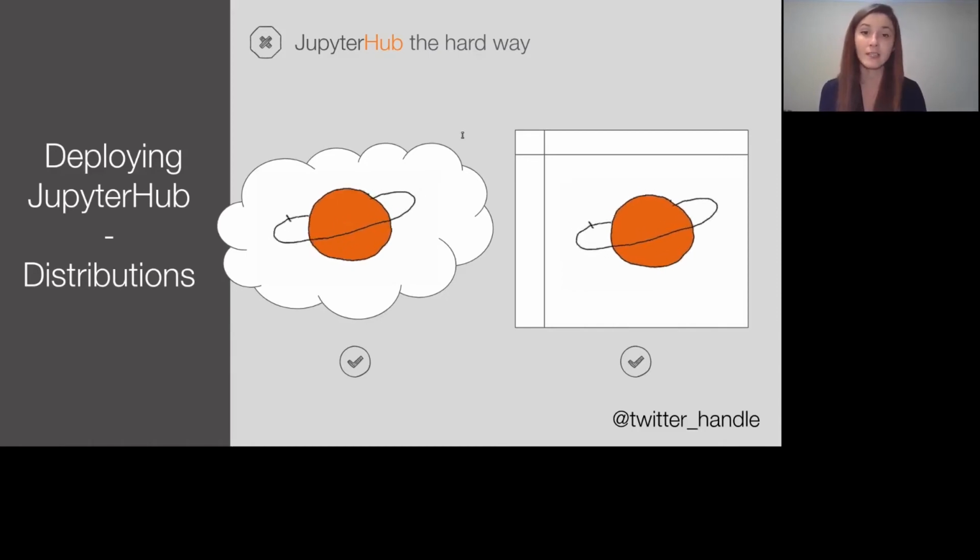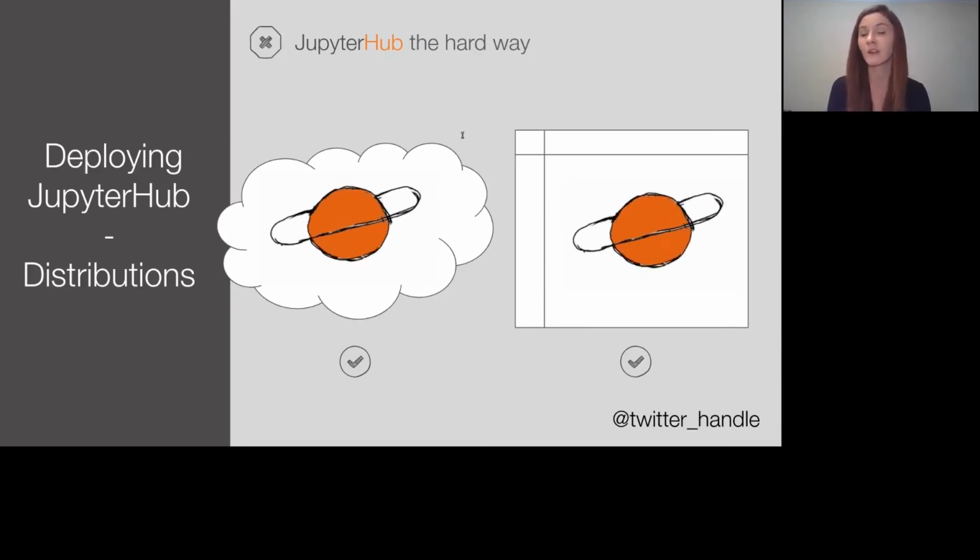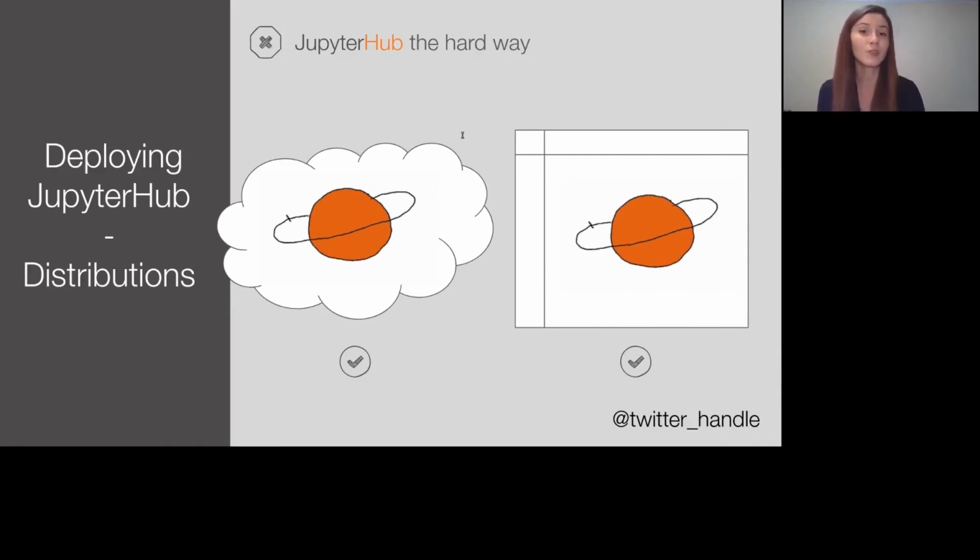Distributions aren't necessarily a case of extending a hub, but they still produce a different asset from a system administrator or even developer point of view. Distributions are predefined ways of deploying your hub, meant to be relevant for groups of use cases that share some common requirements. And they are here to make life easier.